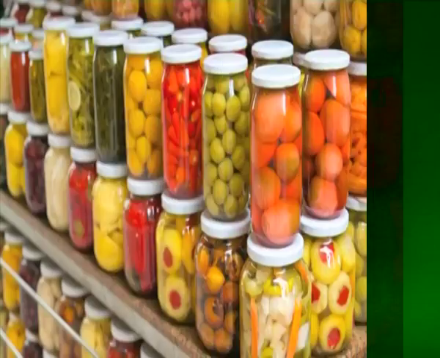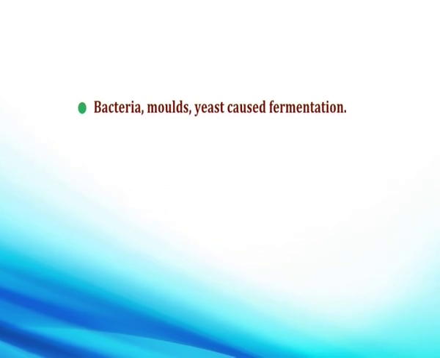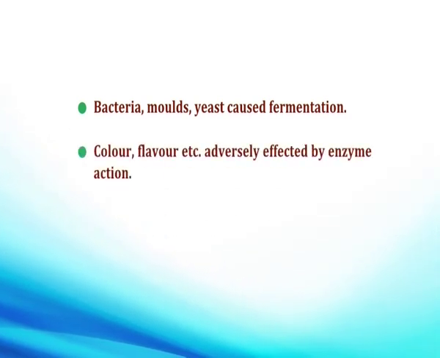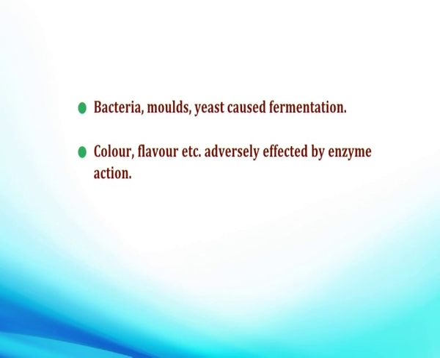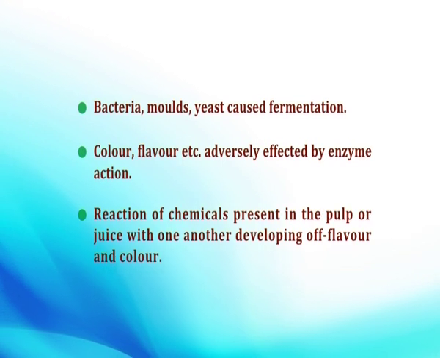Freshly prepared products lose their color, flavor and quality with passage of time because bacteria, molds, and yeast cause fermentation. Color, flavor, etc. are adversely affected by enzyme action. Reaction of chemicals present in the pulp or juice with one another affects development of flavor and color.